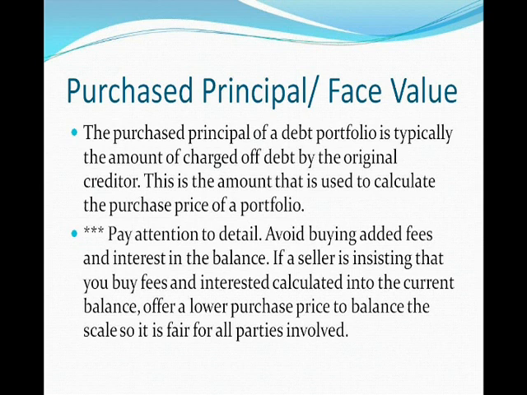So if I end up having 1,000 accounts, all 1,000 of those accounts have a charged off amount of, let's just go ahead and use a really generic number, okay? Let's say $500. So we have 1,000 accounts charged off at $500 each.